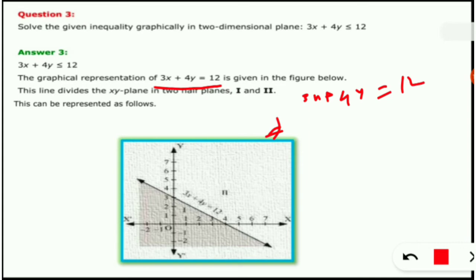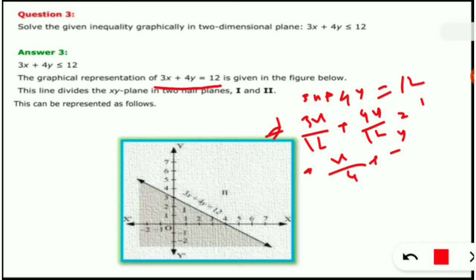Again, divide both sides by 12: 3x/12 plus 4y/12 equals 12/12, which is 1. So x/4 + y/3 = 1. This is the form x/a + y/b = 1. So the line cuts the x-axis at the point (4, 0) and the y-axis at the point (0, 3).